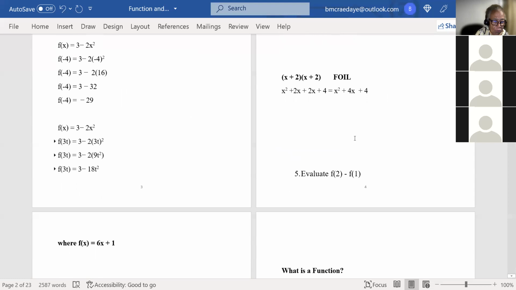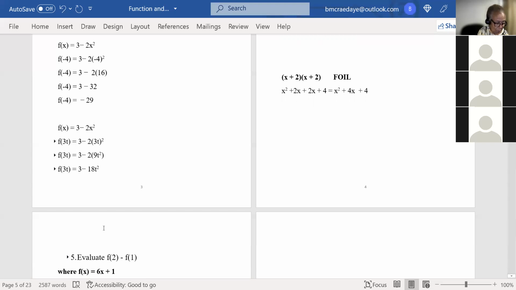I'm giving you 2 functions. Okay, this is the homework. Evaluate this expression when f of x equals 6x plus 1.